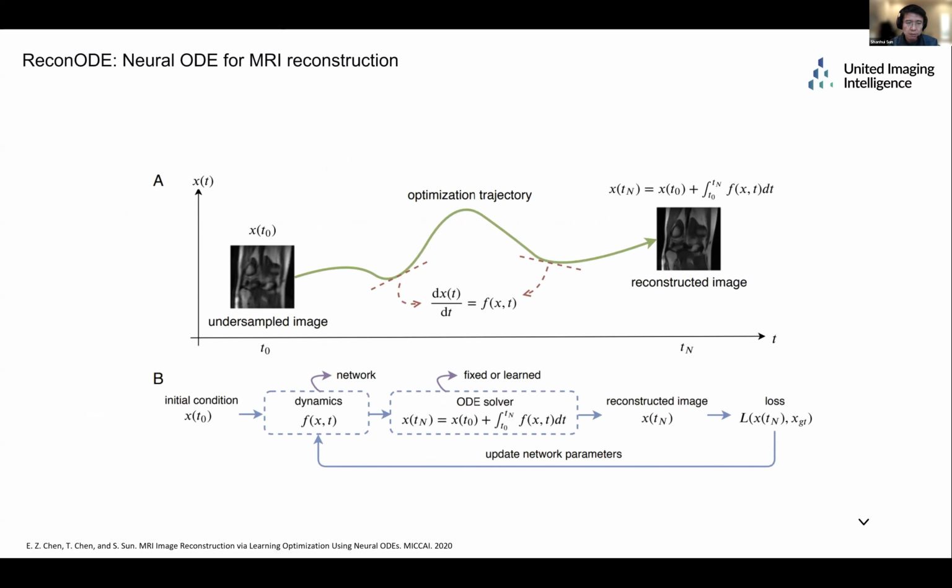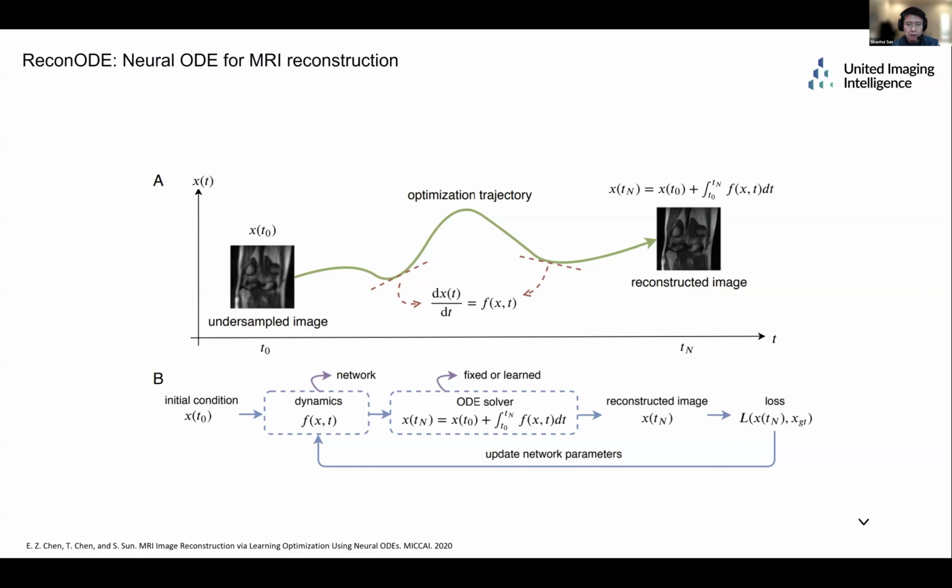Given the undersampled image at T0 and given the dynamics F, the reconstructed image can be predicted through evaluating the ODE. Here, if we represent the dynamics F using a neural network, then this problem becomes a neural ODE problem.